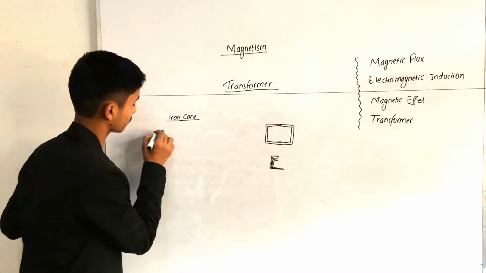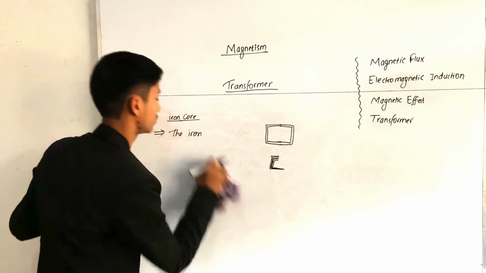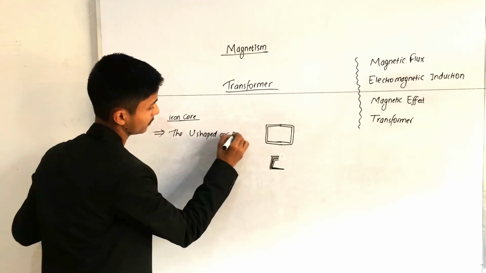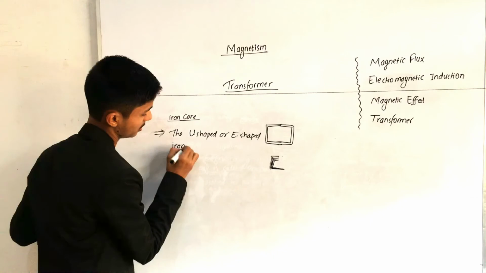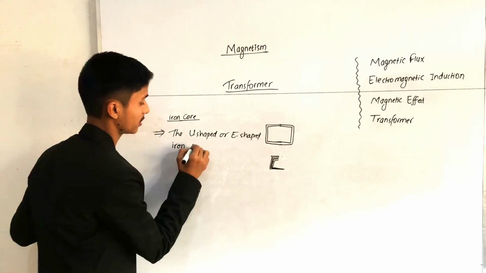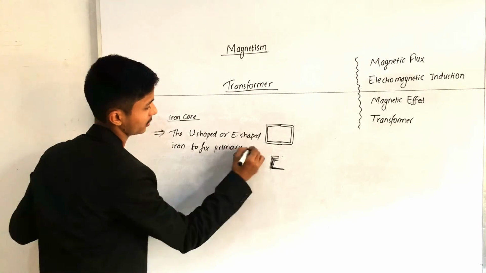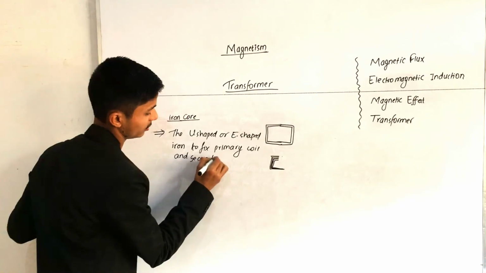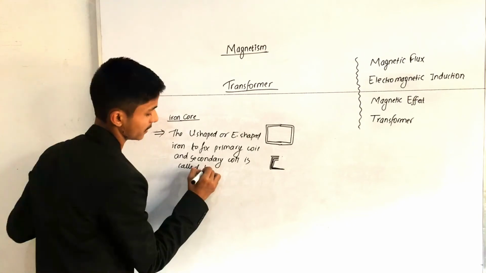So we can define the E-shaped or U-shaped iron to fix the primary coil and secondary coil, and it is called the iron core.